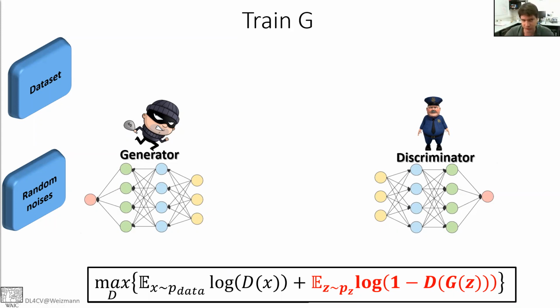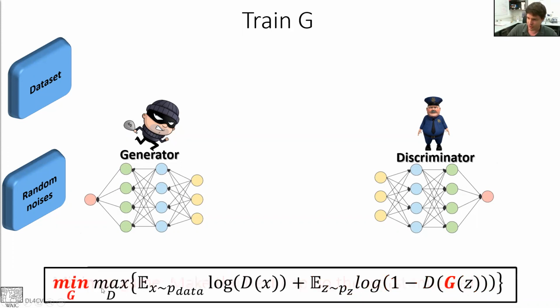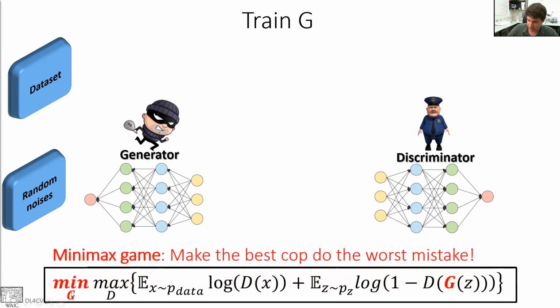And remember our philosophy: we want to fool the best cop in the best possible way. So G is looking to minimize the maximum the discriminator is able to do, where the parameters that G controls inside this expression are just the weights of G. So I have this minimax game.